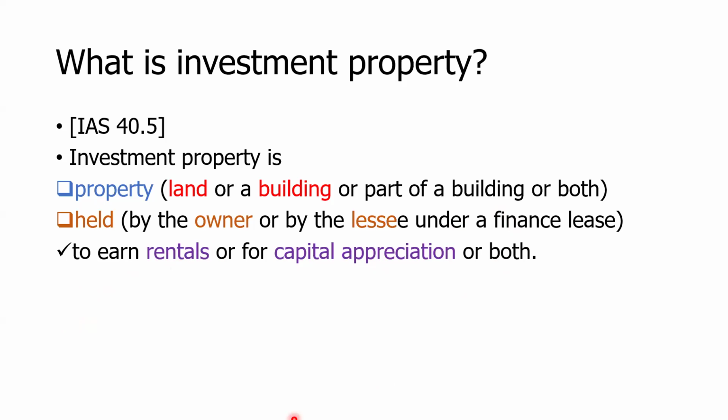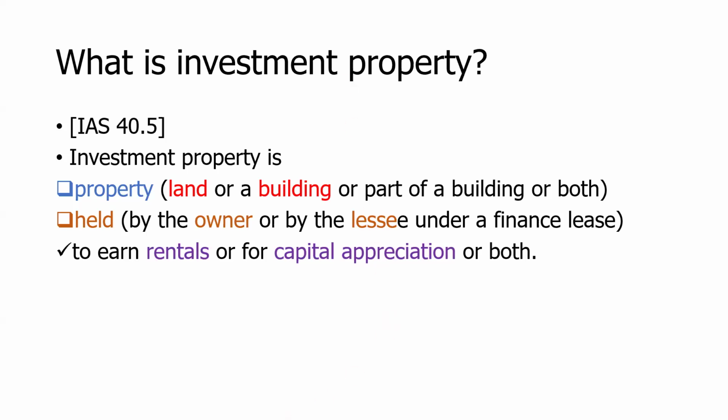You purchase land way back, let's say in 2000, and you still have the land there. It is definitely for capital appreciation. You want to wait so that if it gets a higher price, you sell it and you get some capital appreciation. Or maybe you have a building for rental purposes. So you call those things investment property.